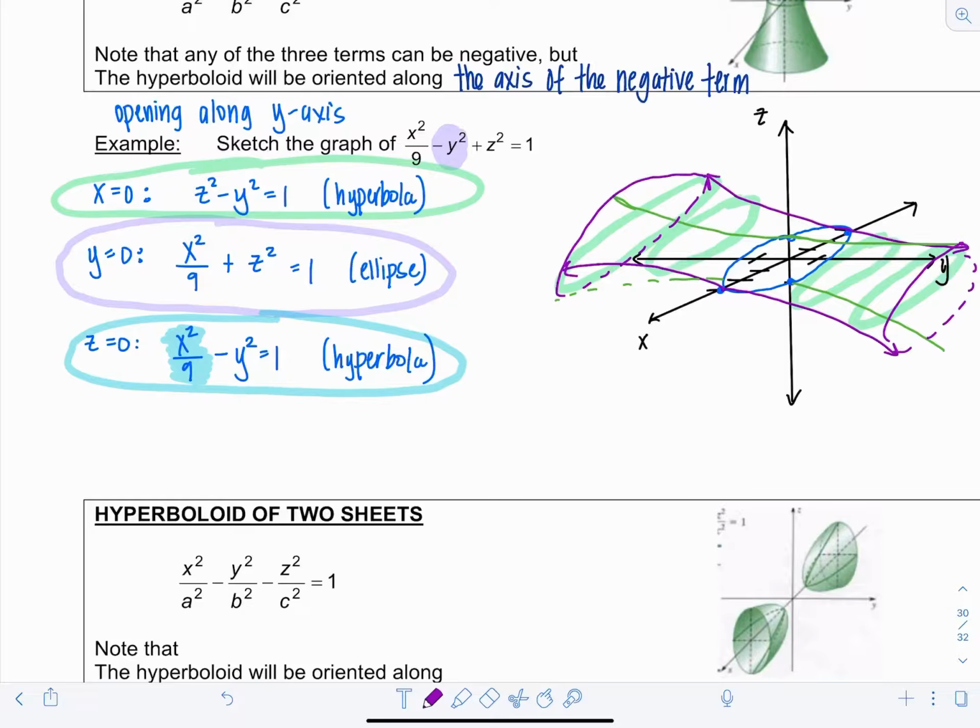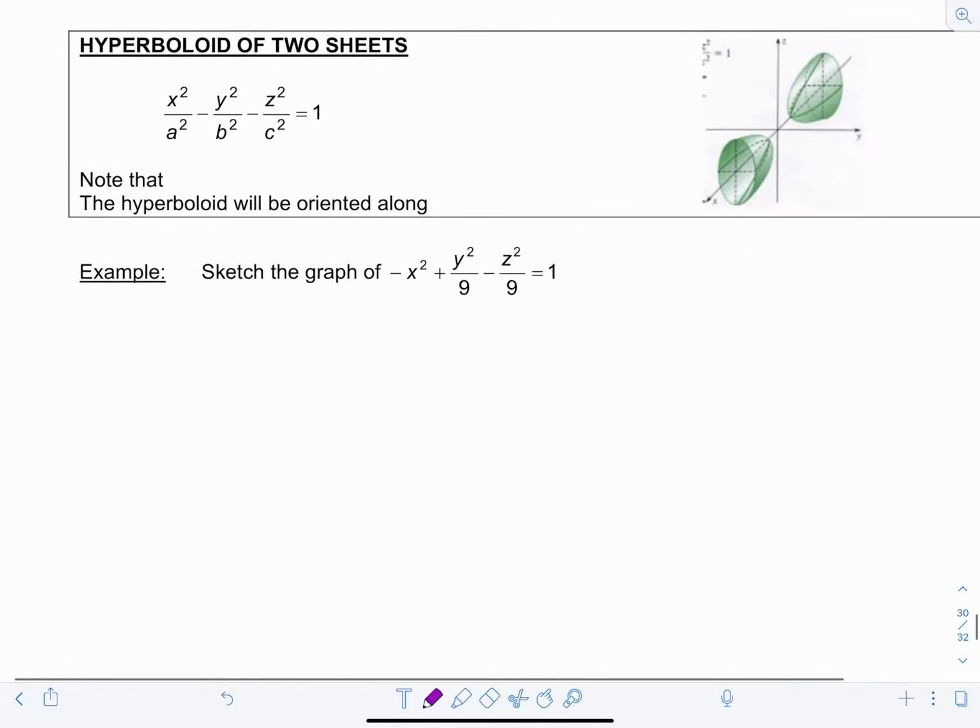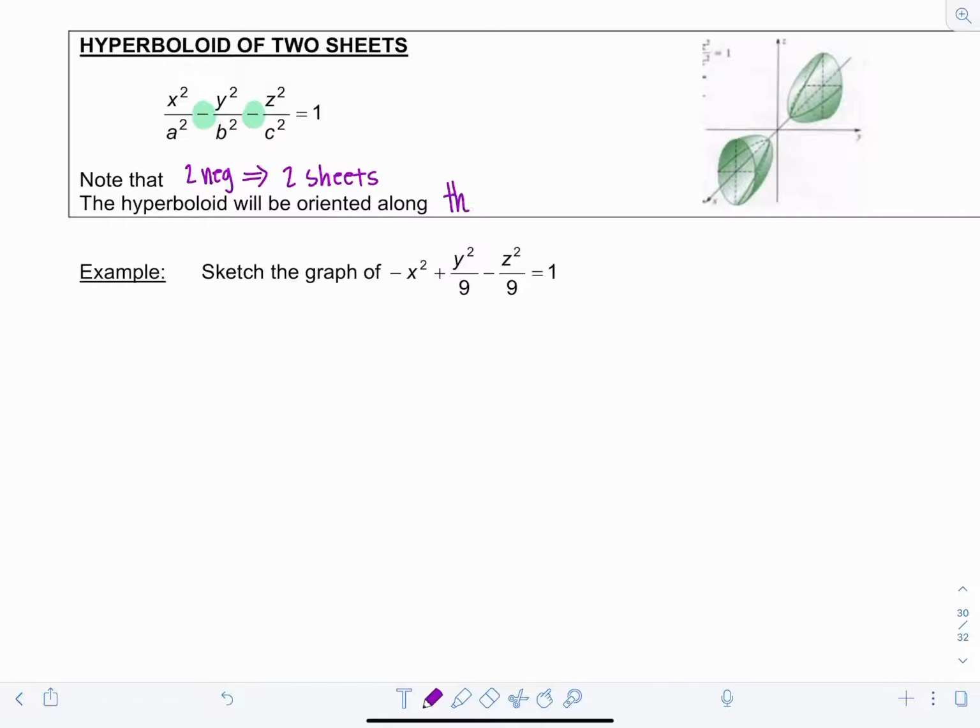Okay. Hyperboloid of 2 sheets. So what to notice about this equation? Again, all 3 variables are squared. In this case, 2 of them are negative, okay? And same thing as before, 2 negatives implies that there's going to be 2 sheets. In this case, the hyperboloid will be opening up along the axis of the non-negative term.